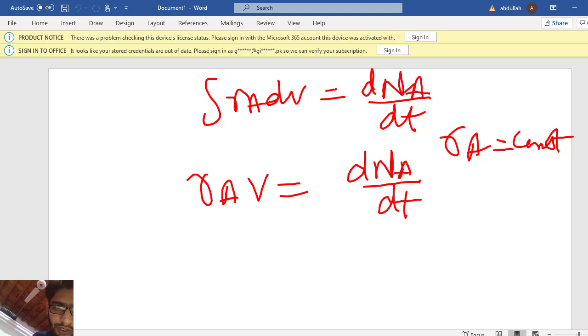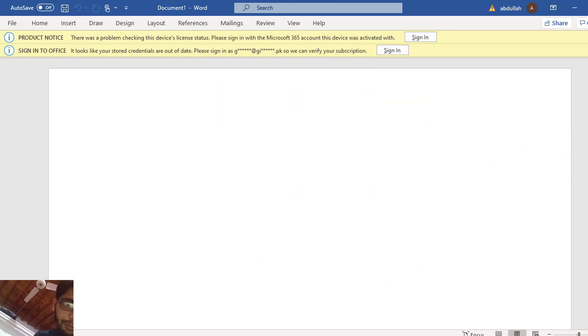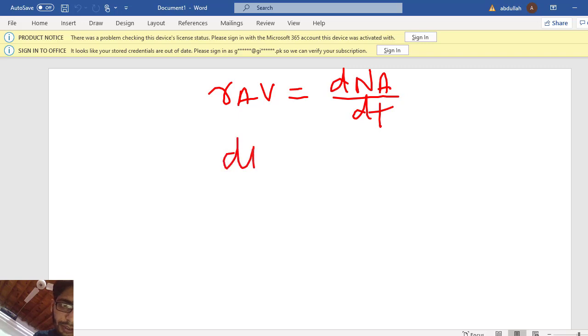Now we can rearrange this relation: dN_A/(r_A V) = dt, or dt equals the change in moles of A divided by the rate of A in the reactor and the volume of the reactor.